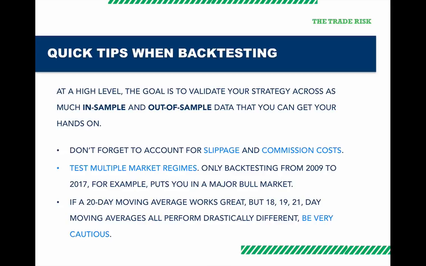That says that's not a very robust or reliable rule, or inefficiency that you're really capturing there. So keep that in mind. There's a ton more just like this that you want to be careful of, but I suggest that you definitely read up more on backtesting.